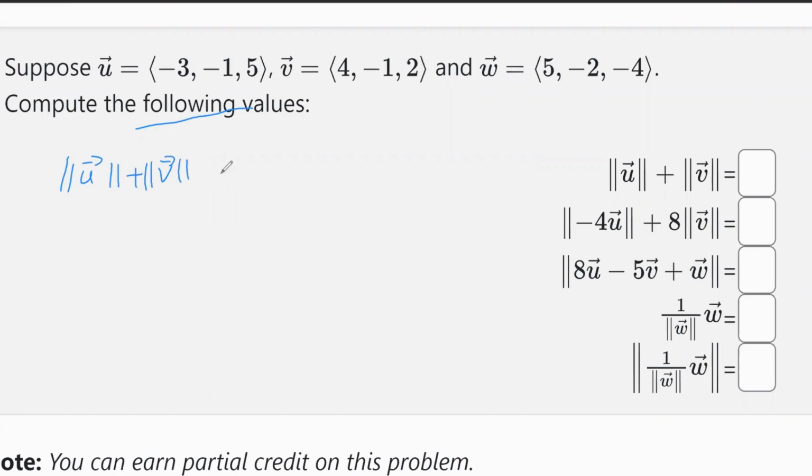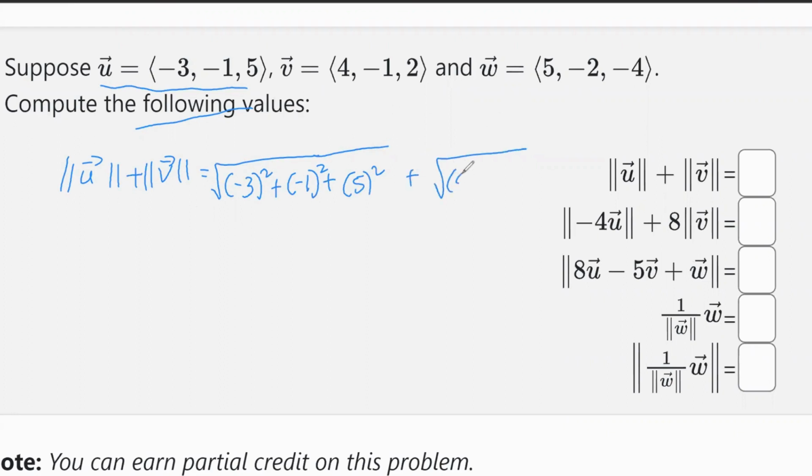So I take the norm for u, just like I explained before, which is -3 squared plus -1 squared plus 5 squared, and then plus the norm for v, so it's 4 squared plus -1 squared plus 2 squared.